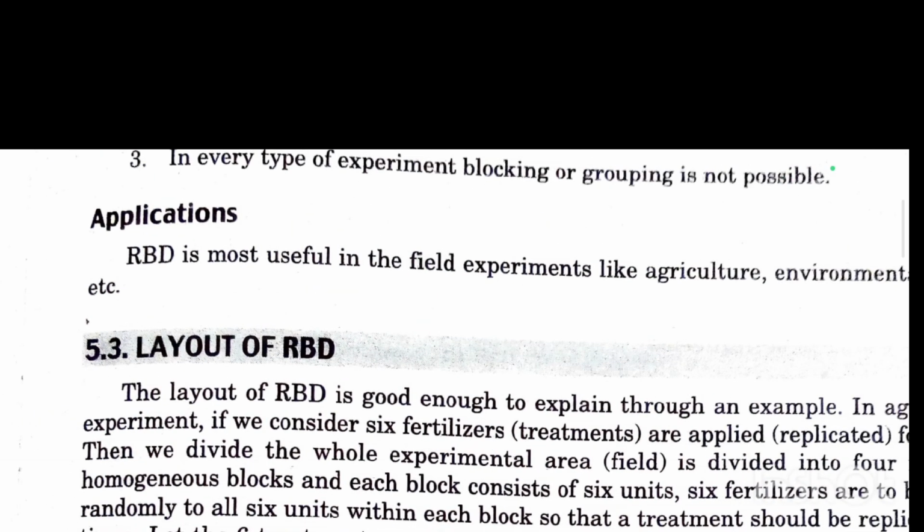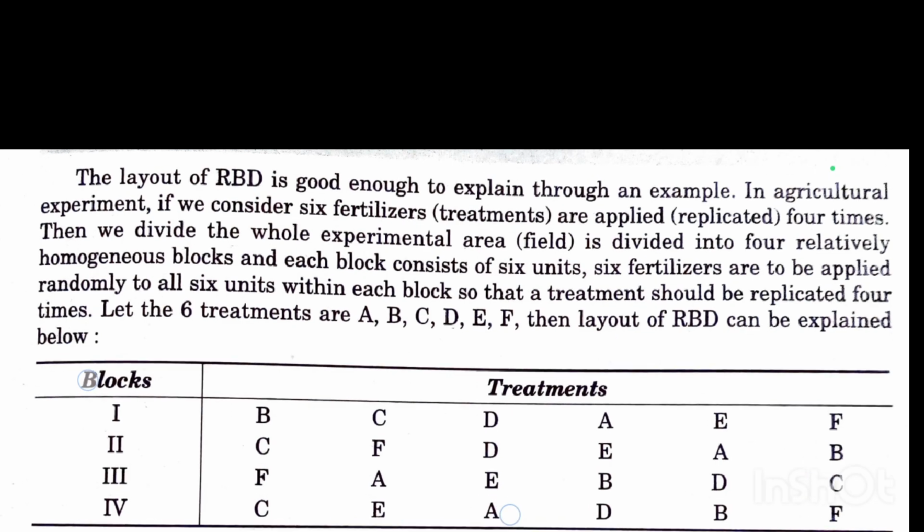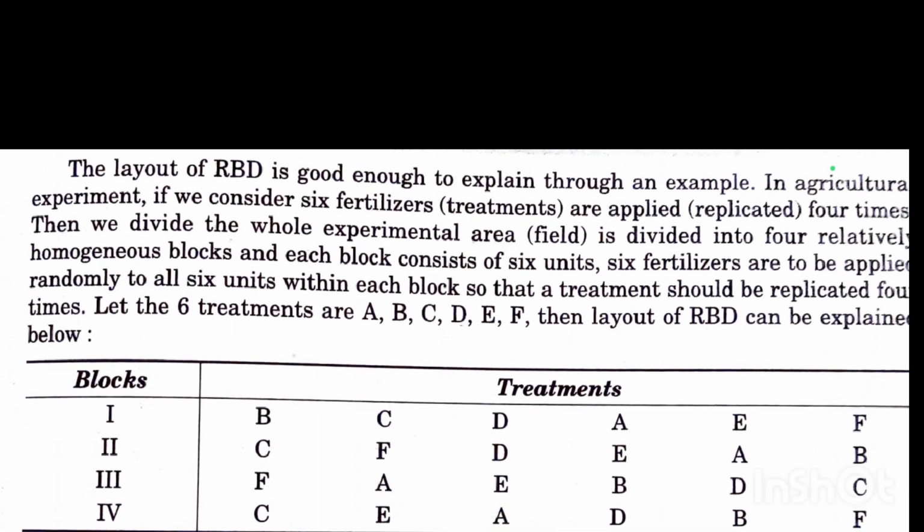Next, the layout of RBD. You can see here the blocks 1, 2, 3, 4, and the treatments. We may repeat them many times, so repeated observations may occur. If you observe the treatments as A, B, C, D, E, they are divided into the blocks.